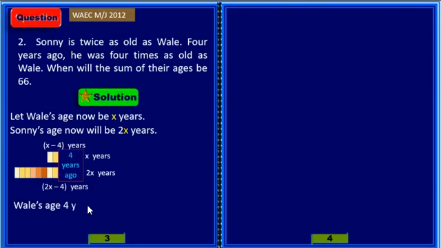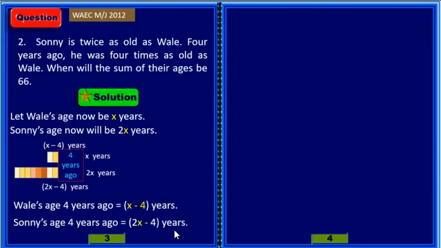Therefore, Wale's age 4 years ago will give us x minus 4 years. Sonny's age 4 years ago will give us 2x minus 4 years. But we are told in the question that Sonny's age 4 years ago is 4 times Wale's age.